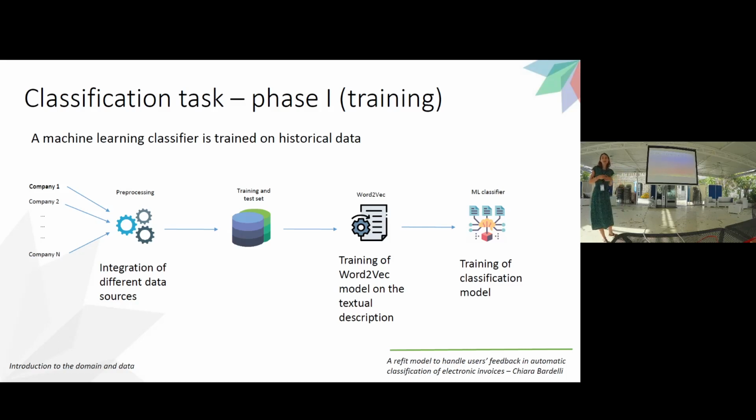Then we created our training set and test set, and since inside them we have a lot of textual descriptions, we used a word-to-vec model to translate these textual descriptions into a numerical data matrix, in order to use all this information to train our final classification model. This phase is almost concluded, and we found the best classification model, which now is the XGBoost model.